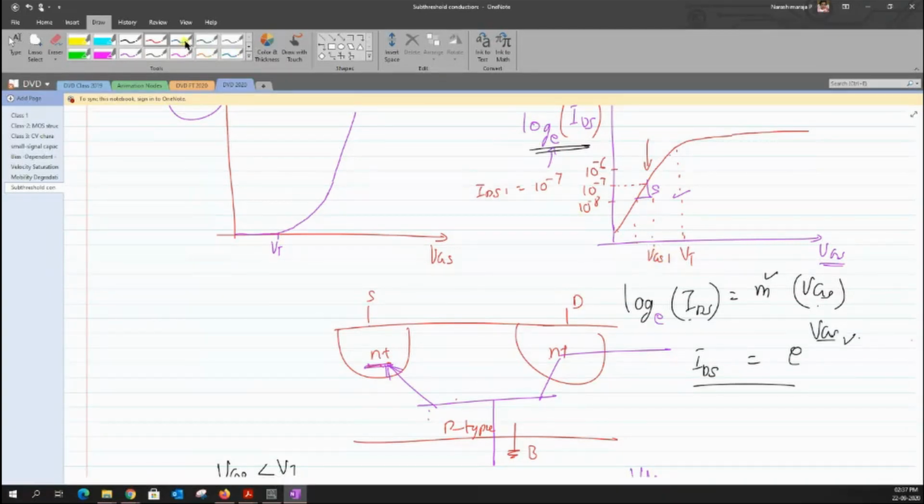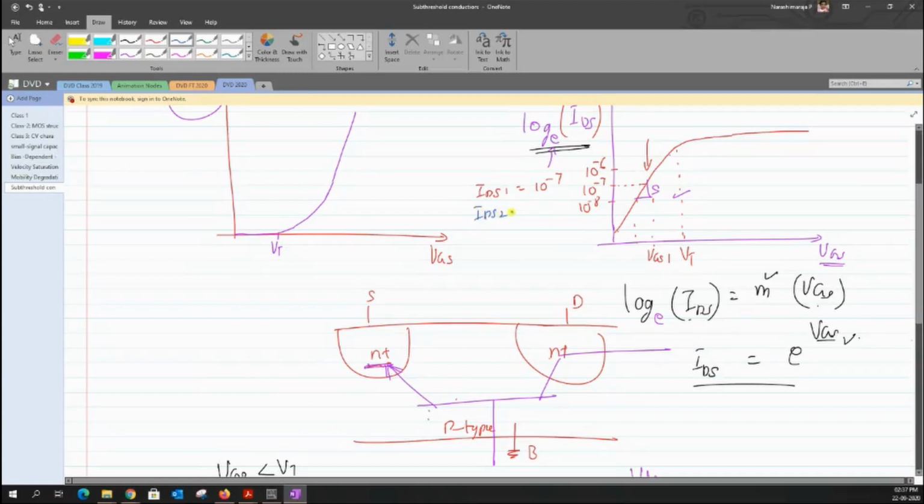Let me take the second one, IDS2, where the current is a decade away from the value of IDS1. Clear? So clearly there is a difference of 10 between both these currents, and I choose the corresponding value of VGS as VGS2. Clear?